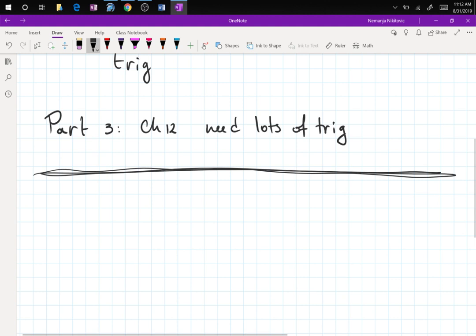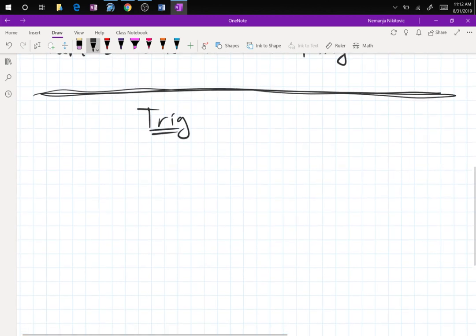Trig is the one that most of the time causes the most issues. So let's talk about trig and the things that you absolutely must know to survive this course. We are going to start from the ability to set up a triangle with opposite, adjacent, and hypotenuse, with the angle theta touching the adjacent side, which is why it's called adjacent. Hypotenuse in a right triangle is the longest side. We have two legs, which are opposite and adjacent.